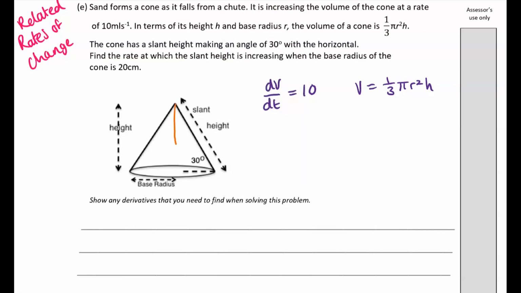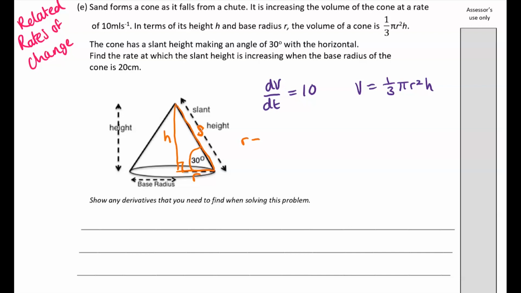So if we do this triangle here in our cone, we've got a right angle triangle with a base radius there, a height of h. We've got a set angle of 30 degrees, which means we could work out, if we call this bit here our s for slant height, then we can use trigonometry to link those things together.